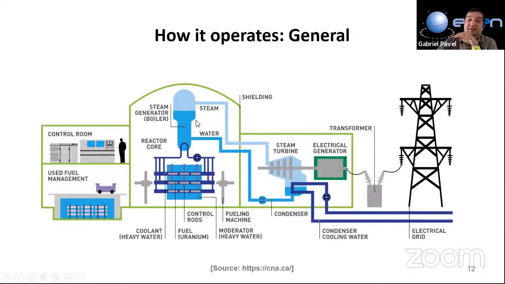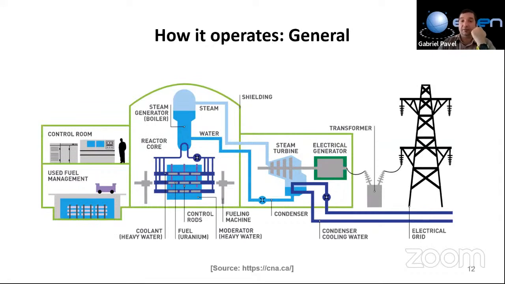Consider that one half of the steam generator is very hot, and the other half is cooler, because this part, in light blue, is the water that takes the heat from the heavy water from the reactor core and transforms it into steam, which goes into the turbine. I said there are two colors for two reasons. One, very hot, and then cooler.